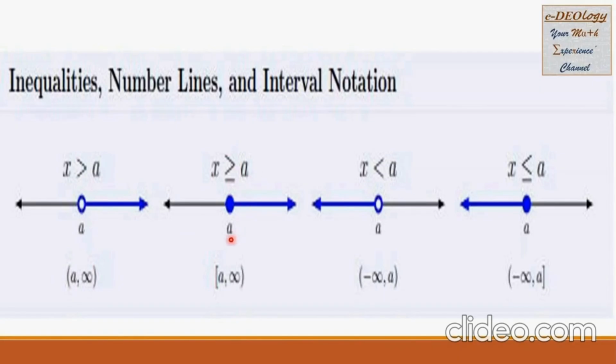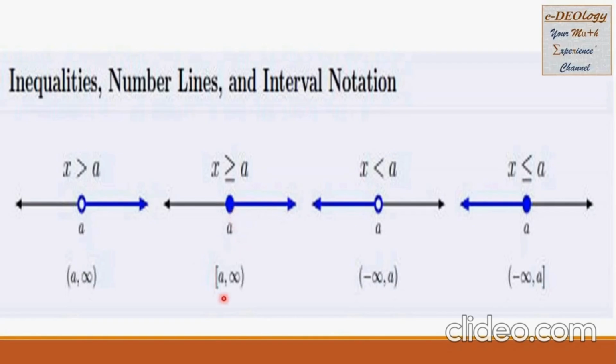Again, we identify our reference number a, and then all numbers greater or equal to a are those numbers on the right after the a, and this is again unlimited. Take note that a is part of the solution, so we put a solid dot on the a.